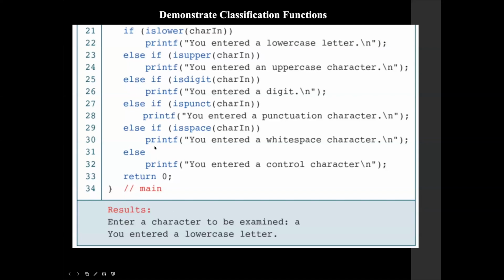This one shows you a whole bunch of lower level character functions that come standard with ctype.h. The first one is islower. Is this a lowercase or not, based on what you just entered? Is it uppercase or not, based on what you have? As you can see, these classifying functions are built into your multi-way selections.